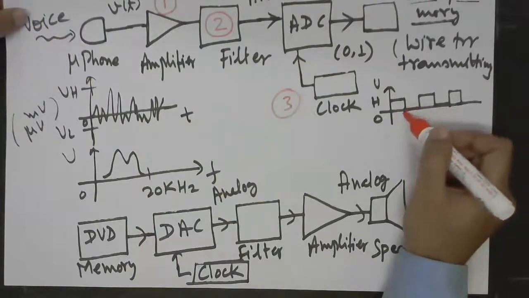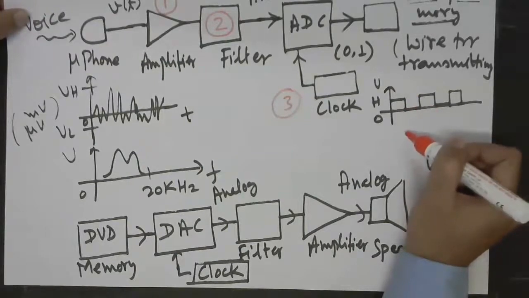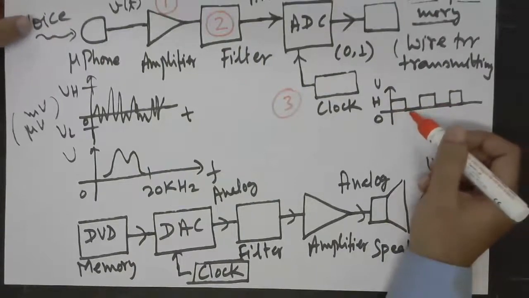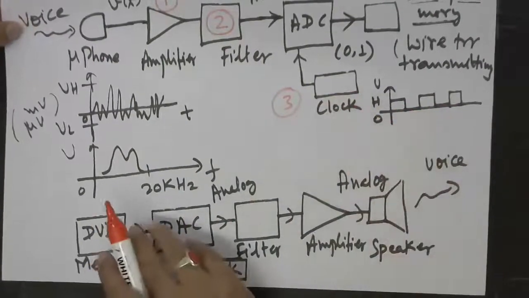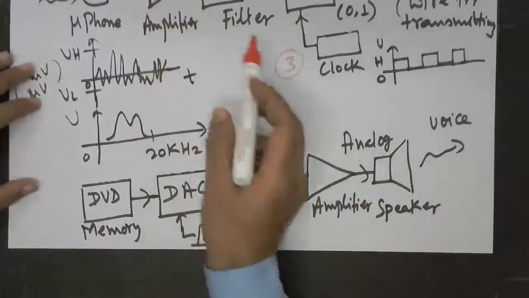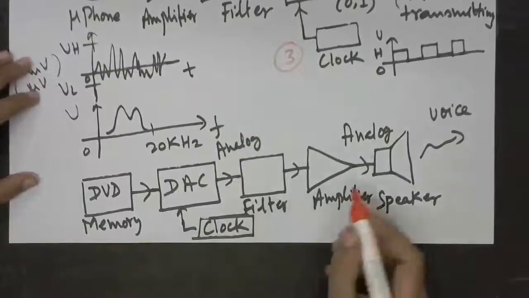By the way, if you have a large sinusoidal signal, that will also, for most practical purposes, behave like a square waveform. The circuit will treat it as a square waveform. So these three elements we will be studying.